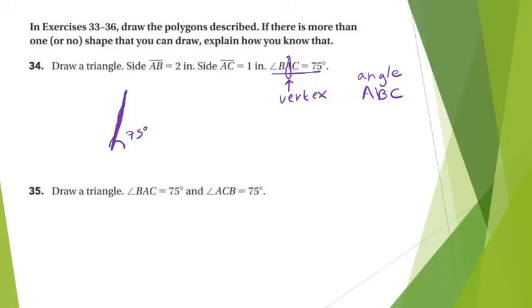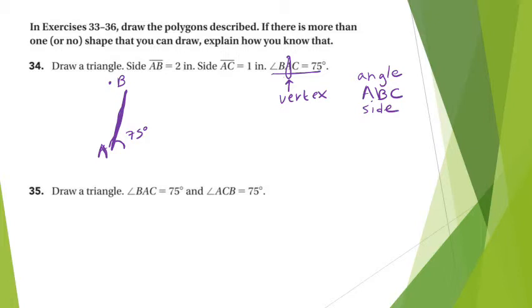So again, when I set this up, I'm going to go something like B, A, C. A has to be here. This vertex has to be here with the 75 degrees because again, that's how I know I put the right angle in the right spot. It's also okay if you switched these and you did C on top right here and B on bottom. That's okay too. But then when you adjust the sides, make sure that you are putting your sides at the right lengths. So that's the next step, dealing with the side lengths.